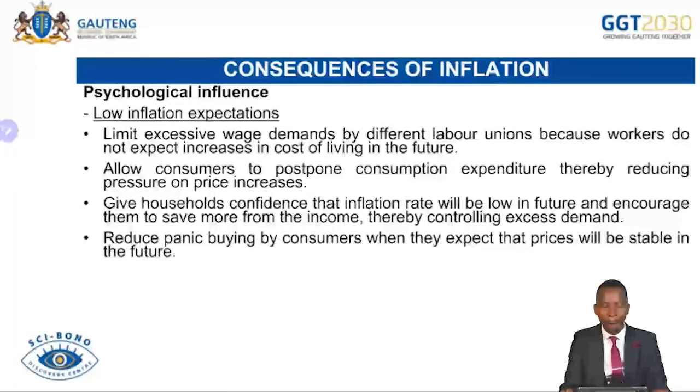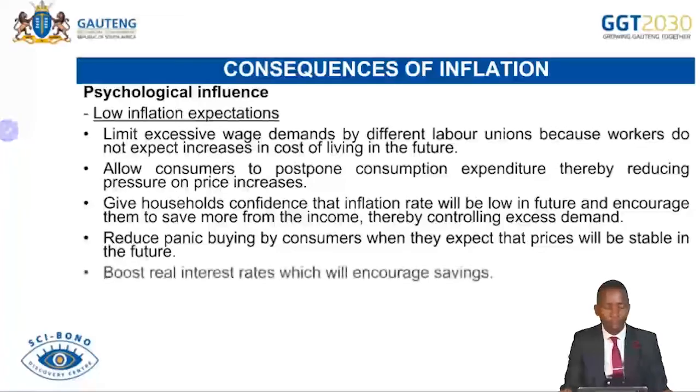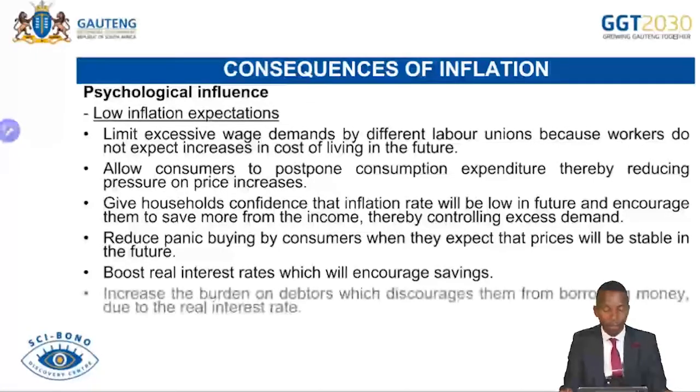They reduce panic buying by consumers when they expect that prices will be stable in future. They boost the real interest rate, which will encourage savings. They increase the burden on debtors, which discourages them from borrowing money due to the real interest rate.